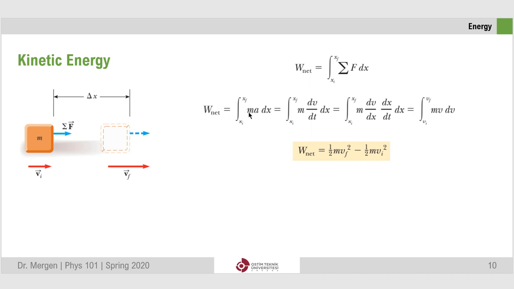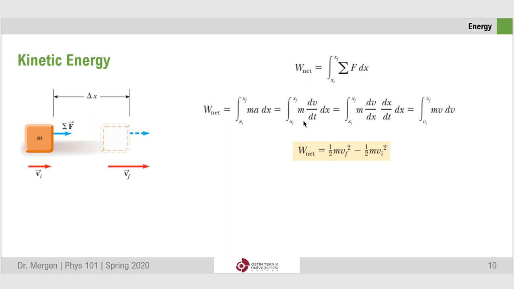We know that from our Newton's laws of motion studies. And this is the total sum of the forces, and this differential x is the distance traveled by that block.